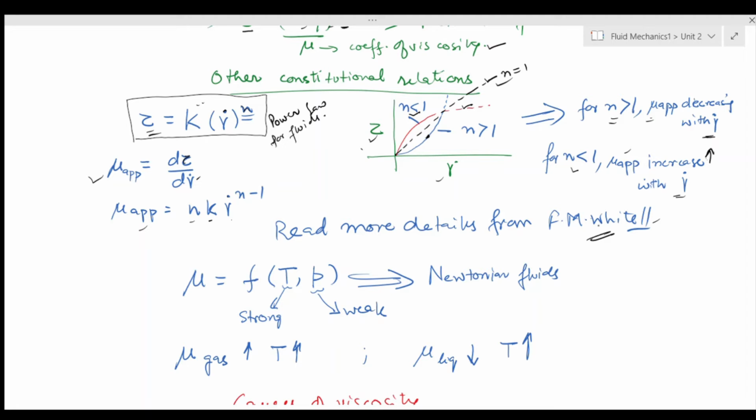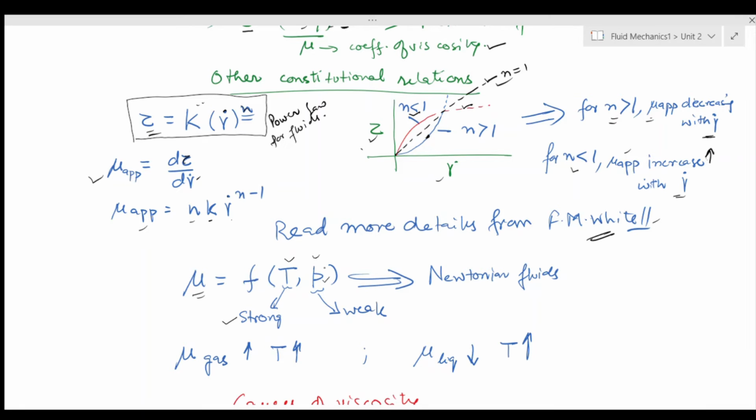Now, like we talked before, this coefficient of viscosity is a function of temperature and pressure for Newtonian fluids, definitely I'm talking about. The dependence of the coefficient of viscosity on temperature is strong, meaning that if I change temperature, then the viscosity changes more quickly as compared to a change in pressure.